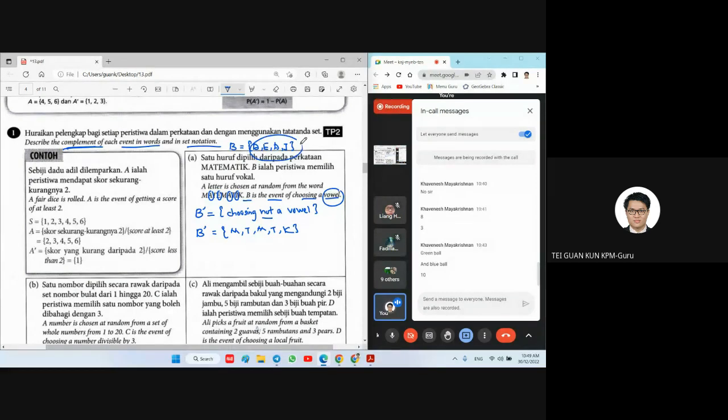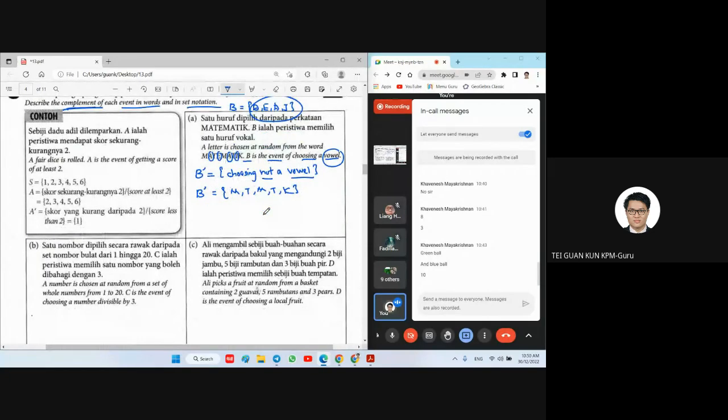Selain daripada A, E, A, I. So, M, T, M, P, K. Ini adalah complement je lah. Yang bukan. Itulah namanya complement. Yang bukan, yang dikatakan lah.